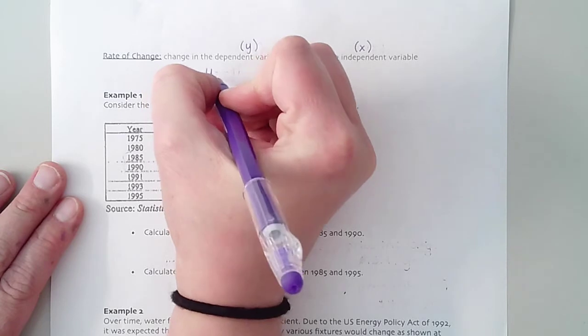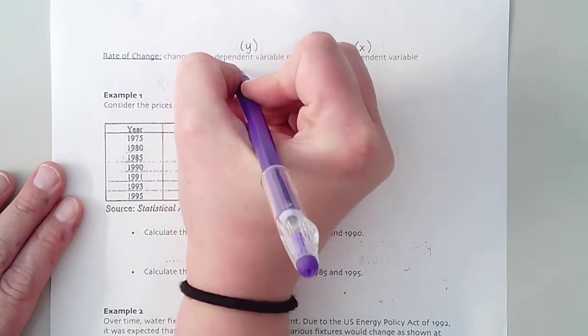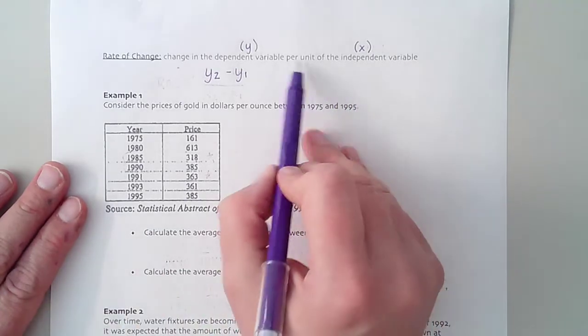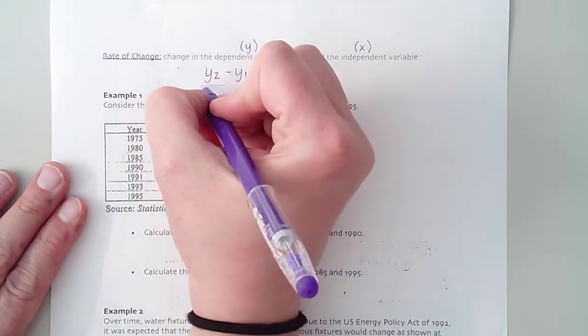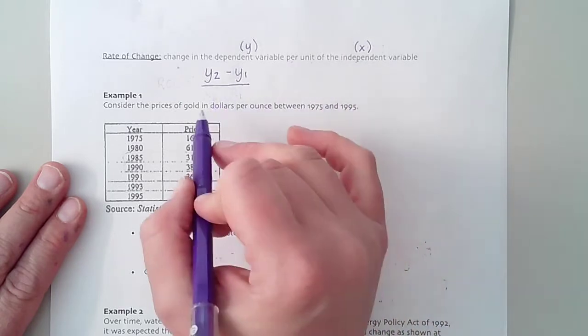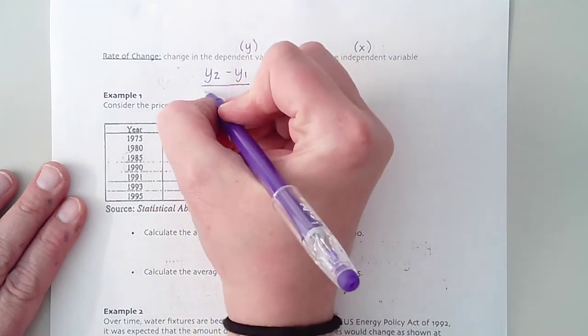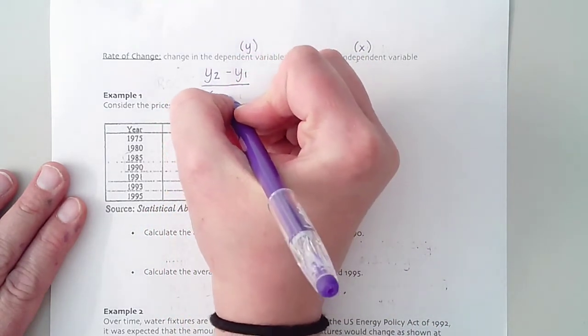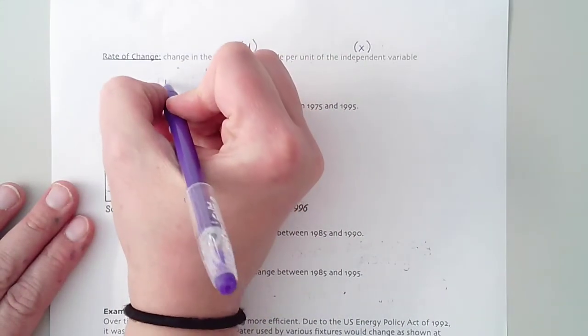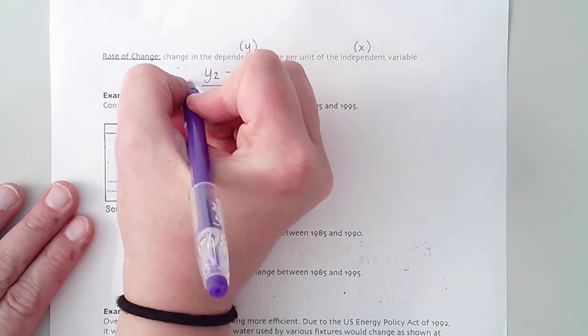Essentially, I'm taking y2 minus y1, per, which we know means division, the change in the independent variable that goes along with that. So divided by x2 minus x1. Okay, so this right here is the formula for rate of change.